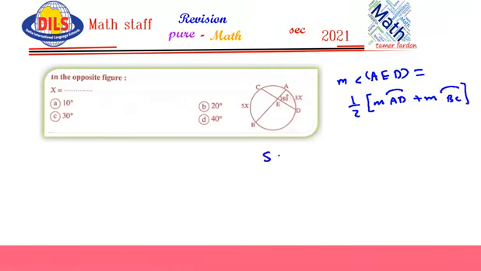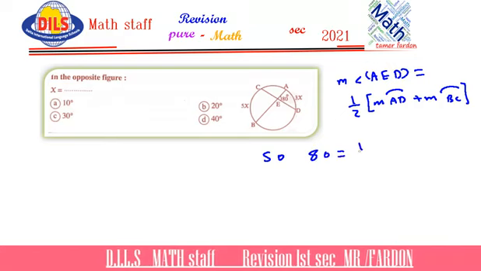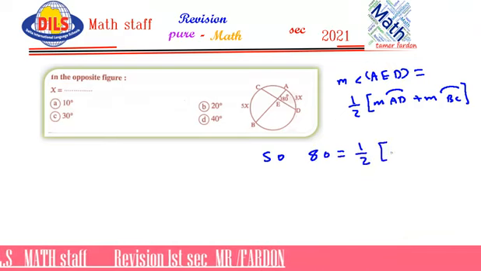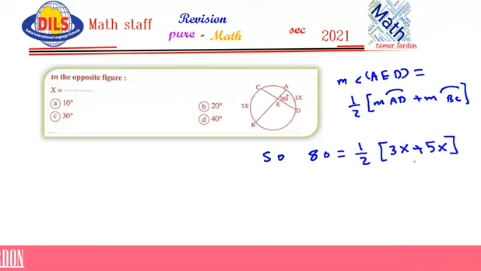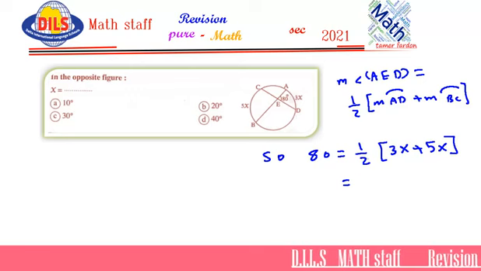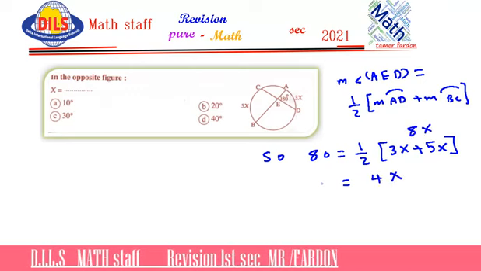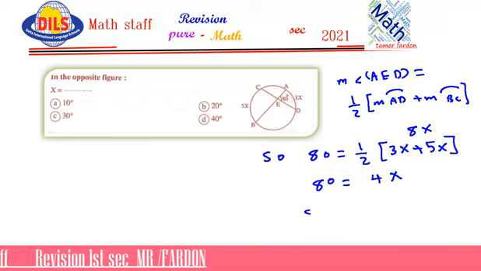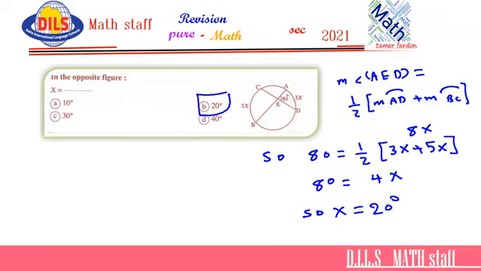So 80 equals half times 3x plus 5x. Simplify the right side, we get half times 8x equals 4x equals 80, so x equals 20 degrees. So the correct answer is 20.